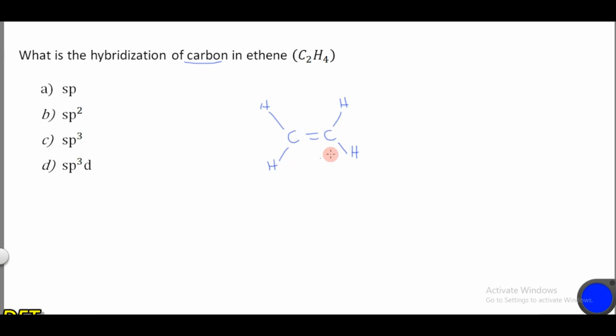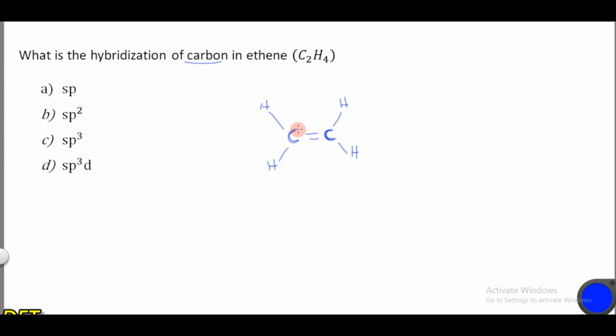This is the structure of ethene. The next thing I will do is to count the regions of electron density around this carbon. I can take either of the carbons, since we are asked to look for the hybridization of carbon in ethene.